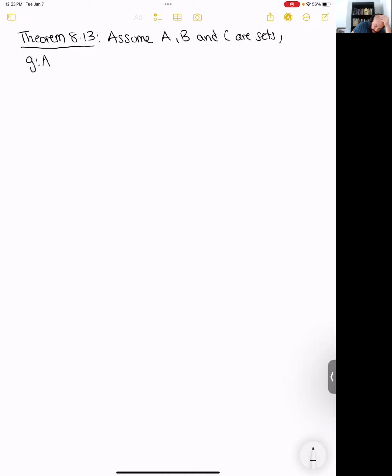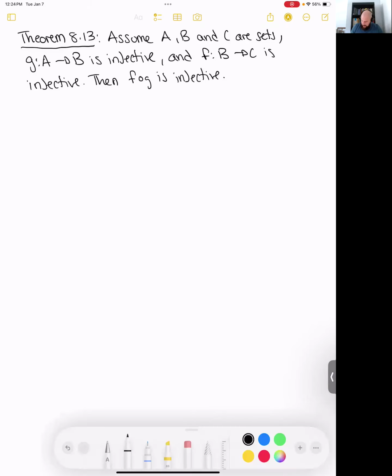G from A to B is injective, and F from B to C is injective. Then the composition is injective. So this is what we want to prove in this video.